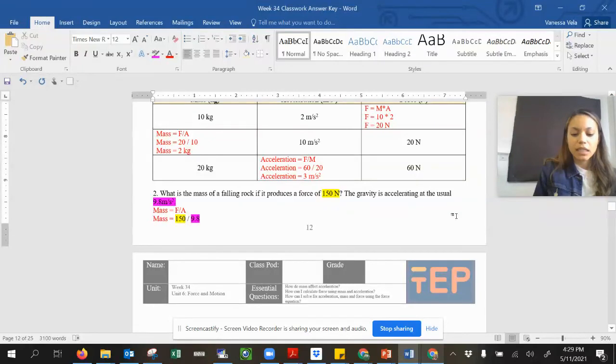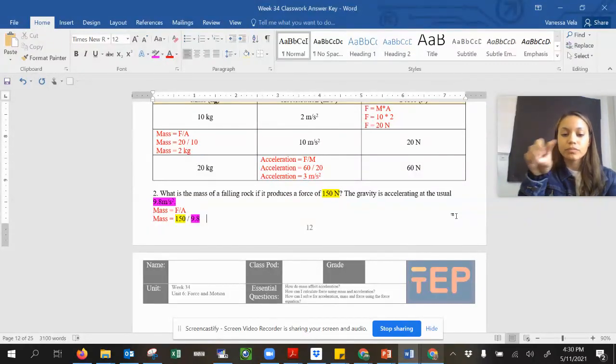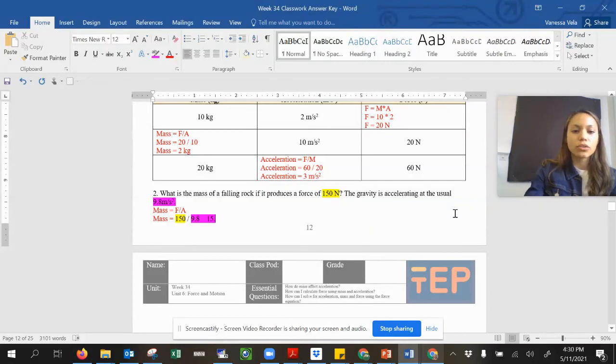You can type it in the calculator. I am, just to make sure I don't tell you the wrong thing. 150 divided by 9.8 gives us like 15.306, blah, blah, blah. But for here, you can just round it to the nearest tenths place. Okay, just 1 after the decimal, so it's 15.3.